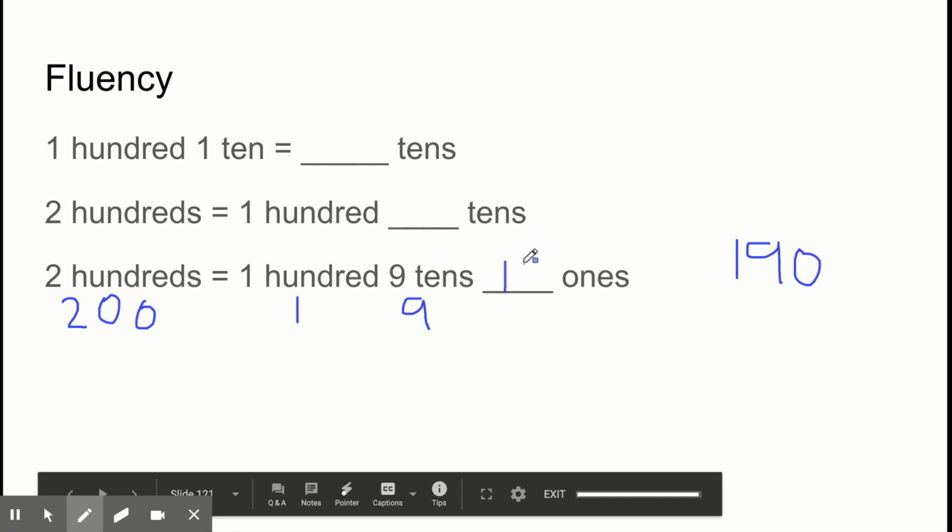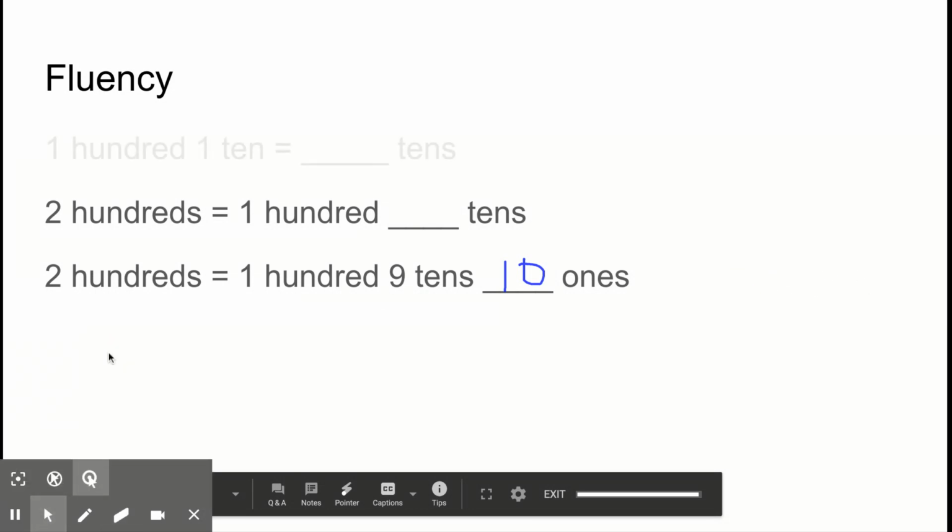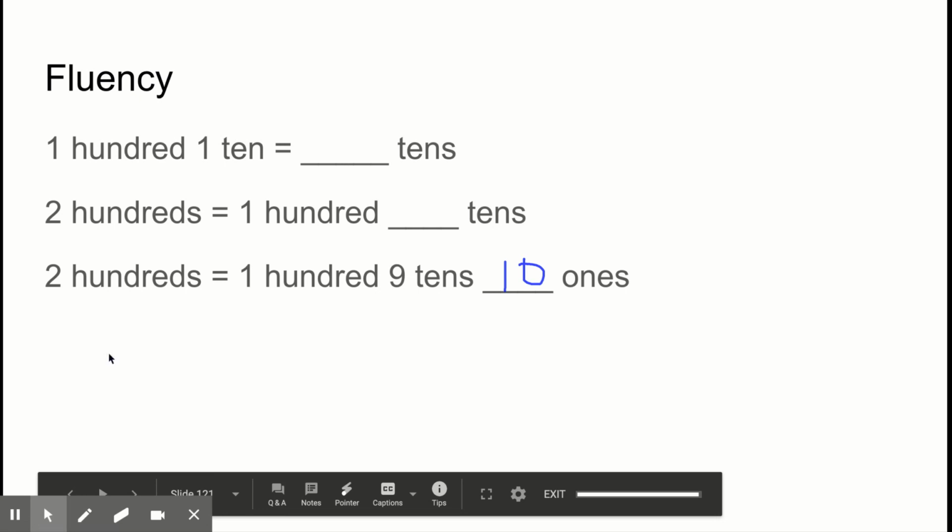You would need 10 more ones to get to 200. Does that make sense? Some of you might be doing this really fast and some of you might be taking your time on it. That's okay. We're all just trying to remember different ways to make different numbers. Good work, second graders. Let's move on.